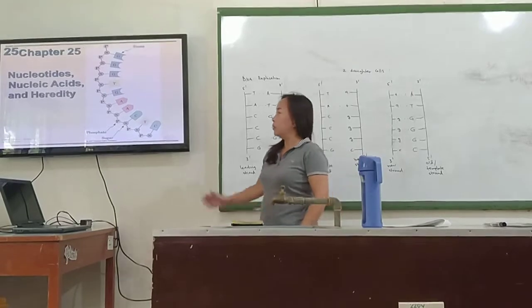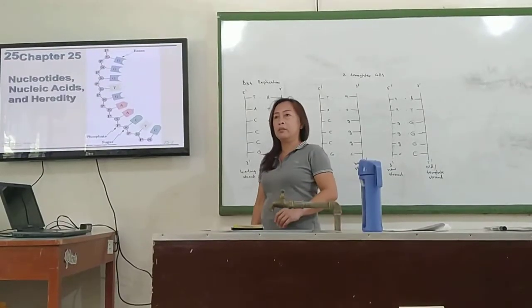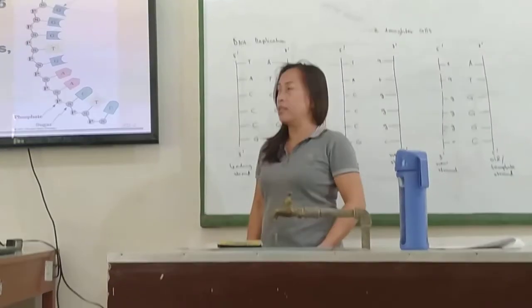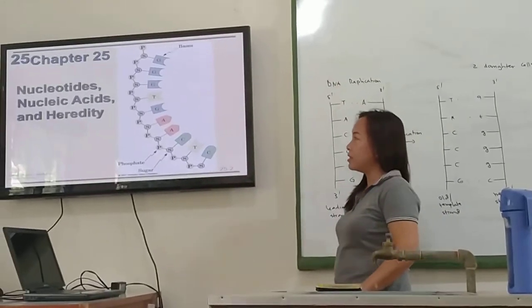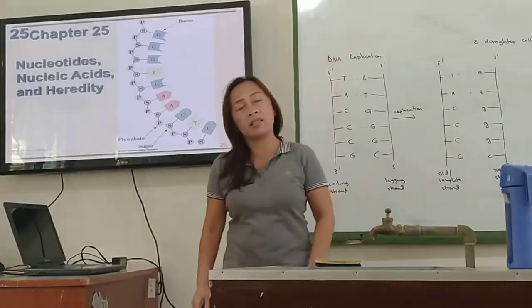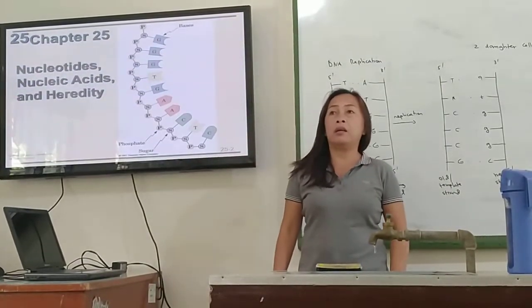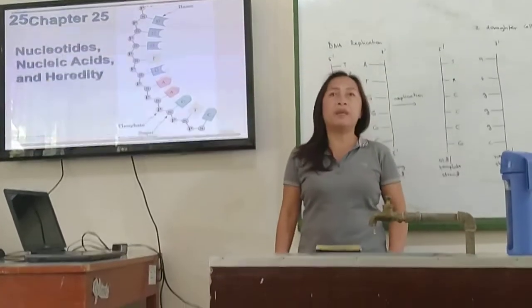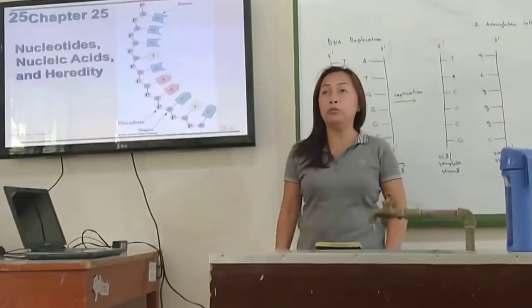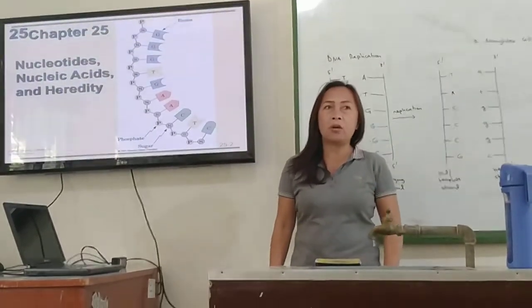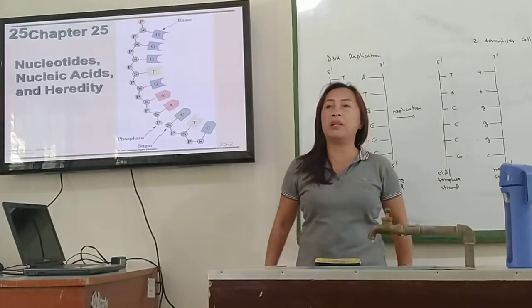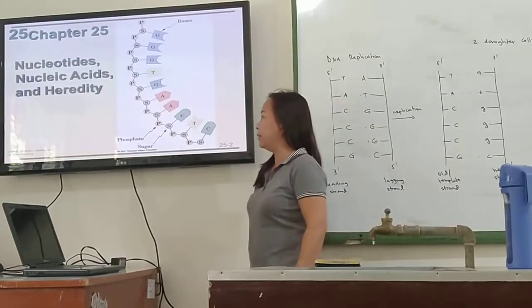Okay? Now, let's have a review on the nucleic acids. Nucleic acids are one of the organic compounds, and they are made up of building blocks called nucleotides. These nucleotides are held together by phosphodiester bonds.